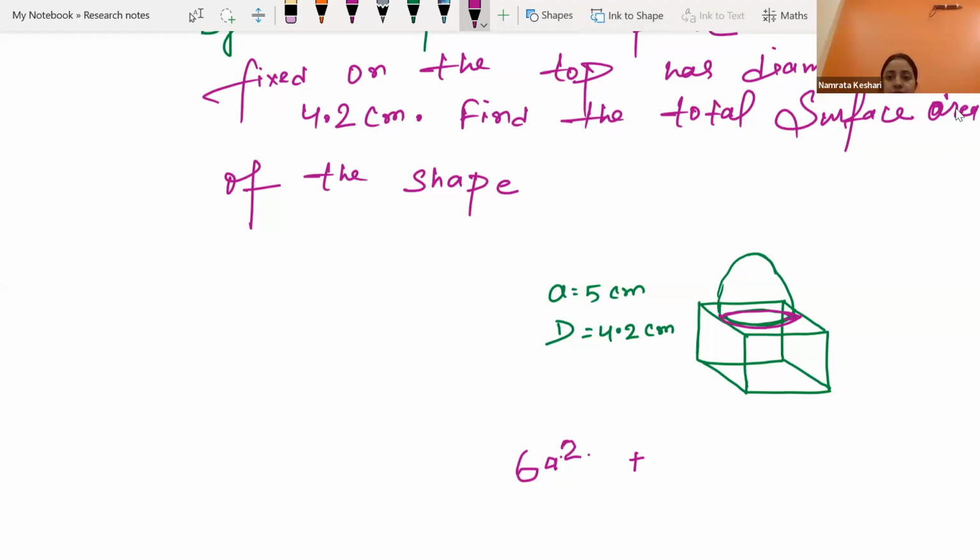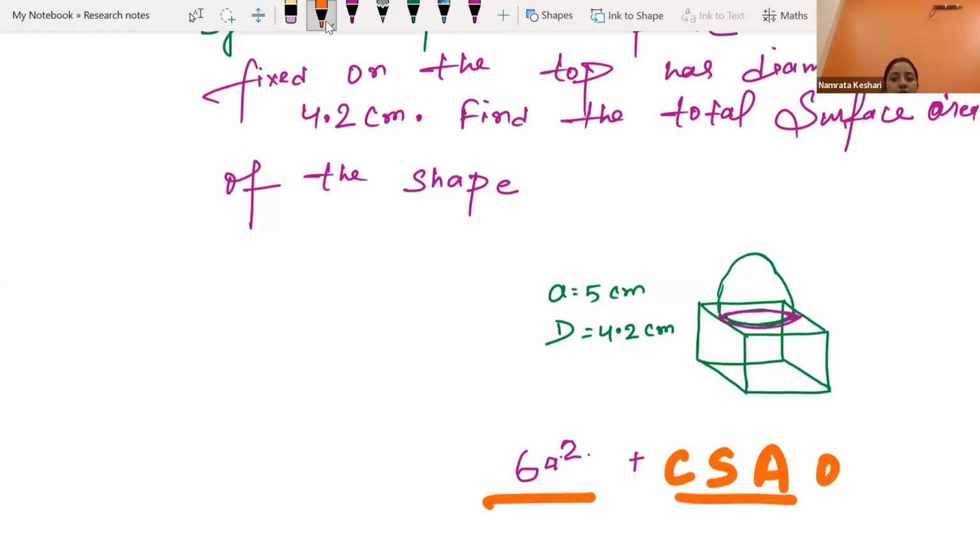The bottom part of the hemisphere will not be included, so we will take CSA, the curved surface area, because it is pasted as I am saying. So curved surface area we will be taking. Are we done? 6a square plus curved surface area.